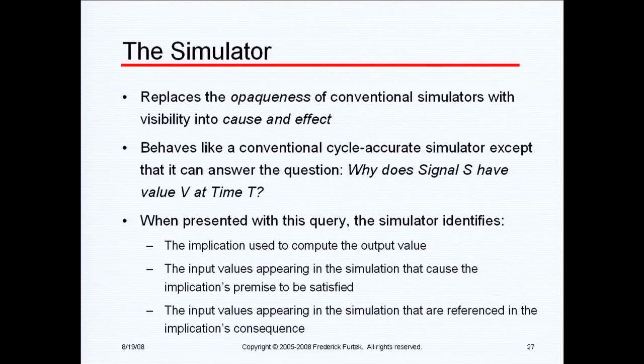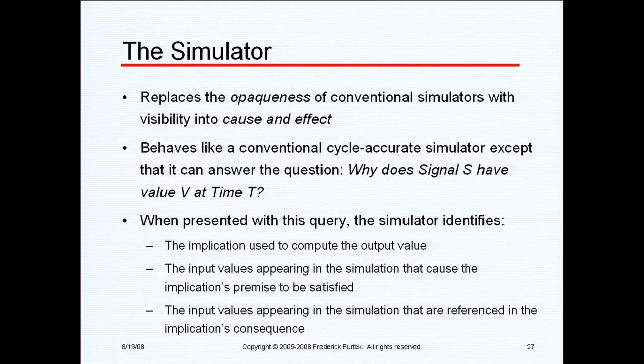And we're getting very close to the end here. The simulator is, again, rather unique. I'm sure most of you have used simulators in your life. And there's something that's always bothered me about simulators, and that is that they're opaque.